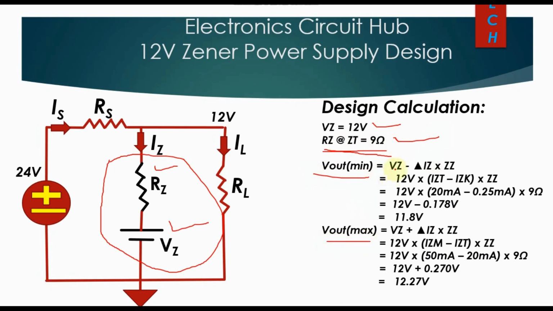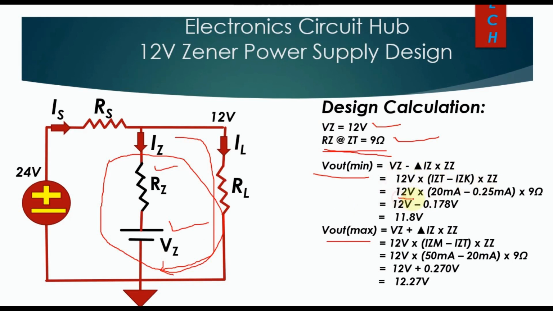You want to find Vout, so Vout equals Vz minus delta Iz into Zz, if you apply KVL in this loop. So Vz equals 12 volt minus delta Iz, where delta Iz is Izt minus Izk, into Zz.